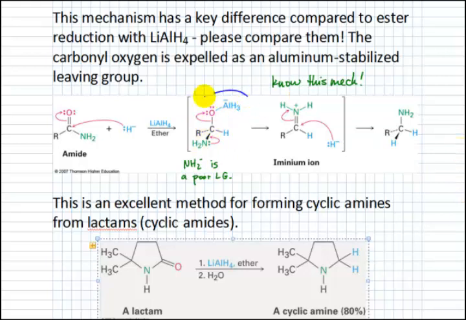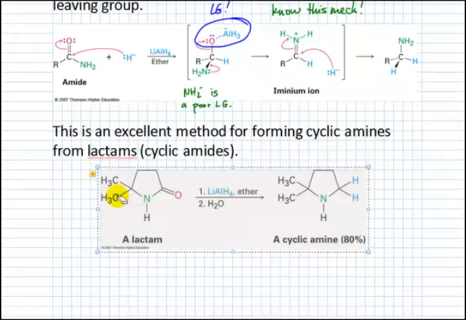So let's actually write that up here. We'll see more of this in the amine chapter, but this is a good way of forming cyclic amines from lactams. A lactam is a cyclic amide, just like a lactone was a cyclic ester. If I do a ring closing reaction making this lactam, I can use lithium aluminum hydride to get rid of the carbonyl, and we have just a regular plain old amine.